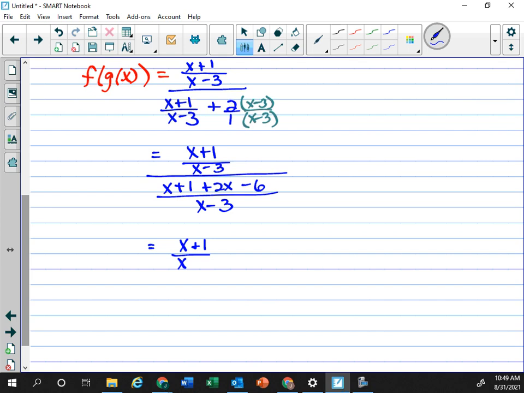I know I need to flip and multiply. I'm going to do that while I simplify this a little. So multiply, the x minus 3 would be up here. x plus 2x is 3x. 1 minus 6 would be minus 5. So those cancel. So your final answer should be x plus 1 over 3x minus 5.